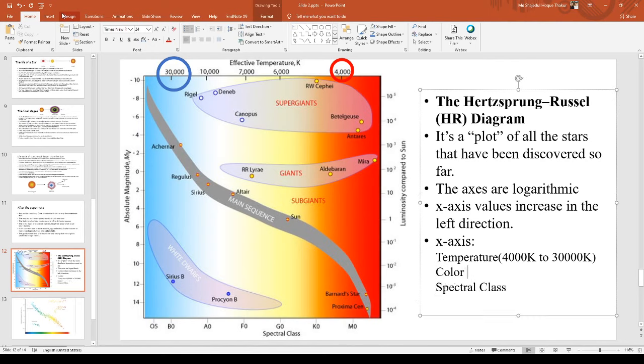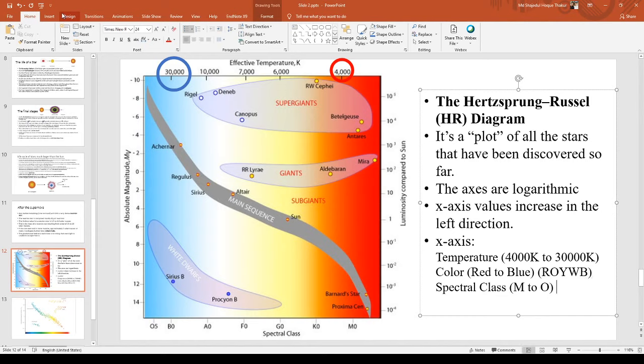The color goes from red all the way to blue, and you have to remember the sequence. And the spectral class goes from M to O, right? If I write the sequence, it's red, orange, yellow, white, and then finally blue.